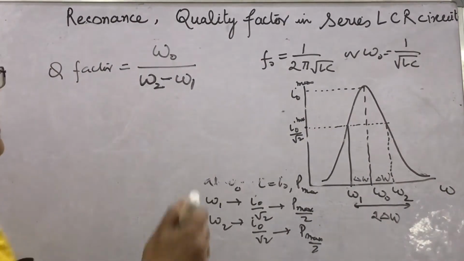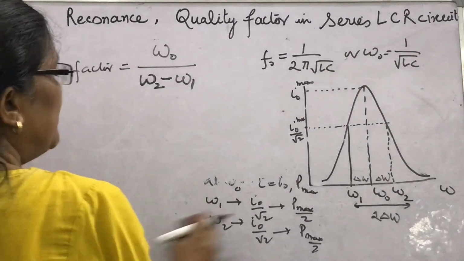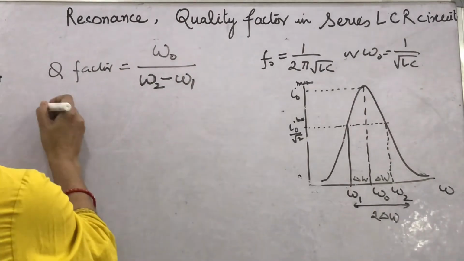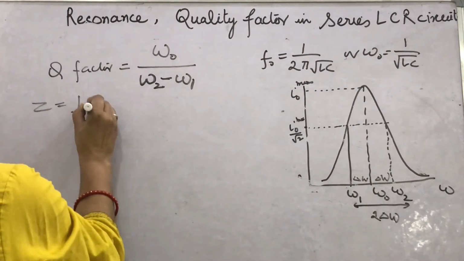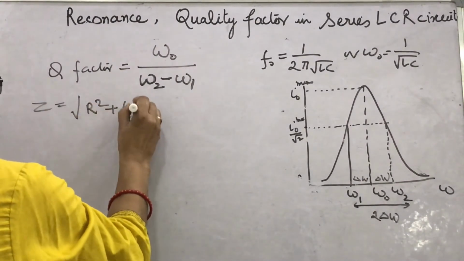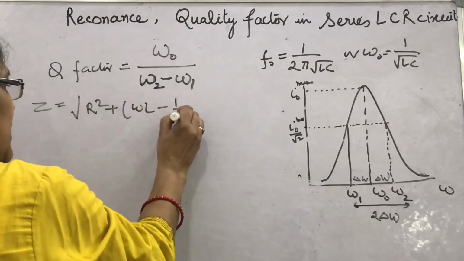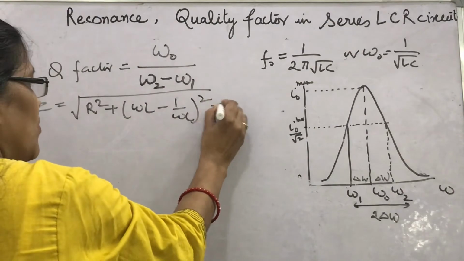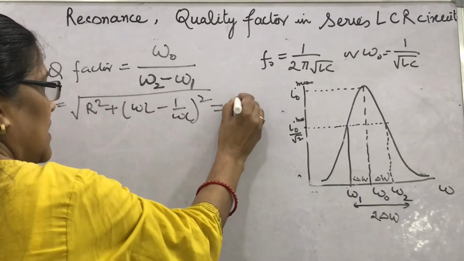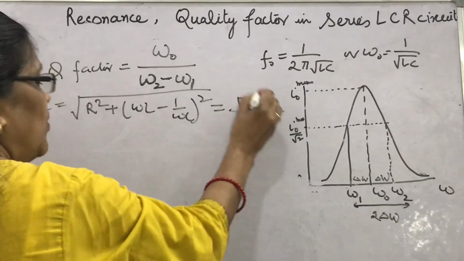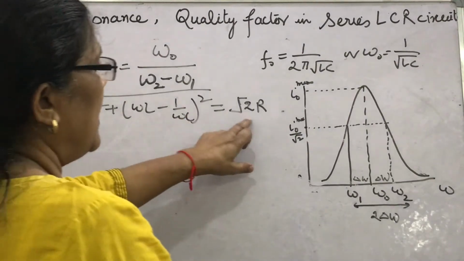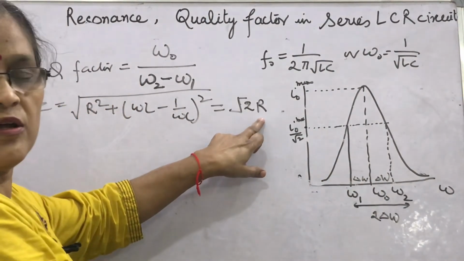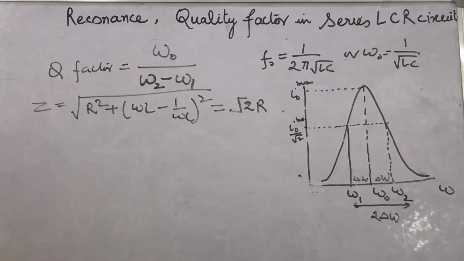You know the impedance is given by Z equal to under root R square plus omega L minus 1 upon omega C whole square, and what we have seen, the value of Z at omega 1 or omega 2 is root 2 R. So what can you write here?